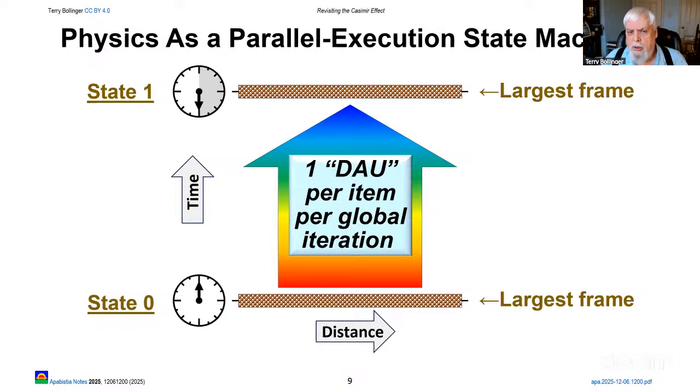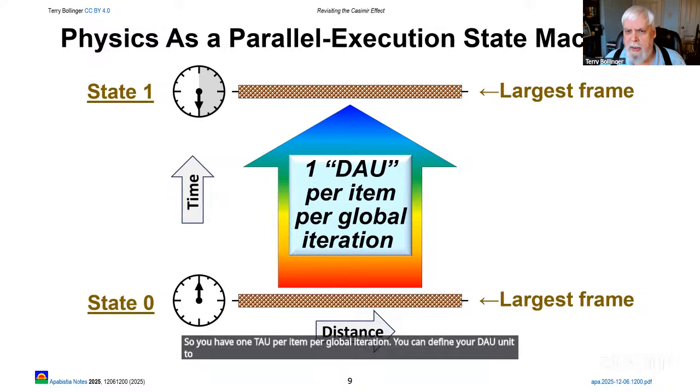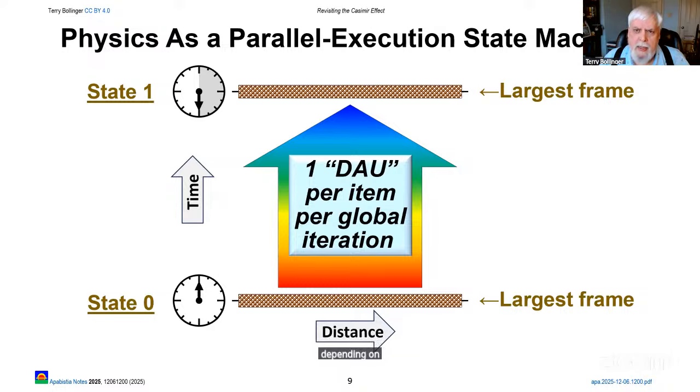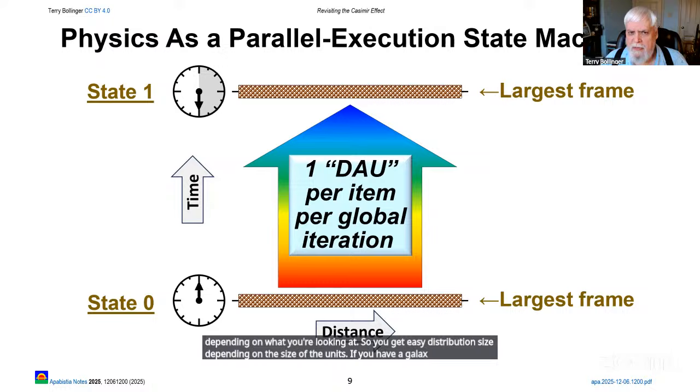Overall structure is very simple, very computer science-ish. So you have one DAU per item per global iteration. You can define your DAU unit to be any scale you need, depending on what you're looking at. So you get easy distributions of size depending on the size of the units. A galaxy is a well-defined unit.